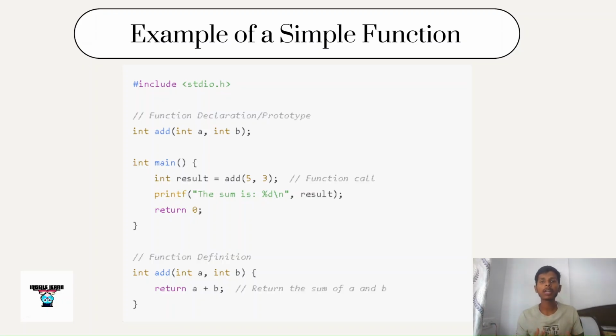Functions are an important topic in C programming, as this topic is repeated again in C++, Java and Python. So it's very necessary to get this right first in C programming itself, so that it won't be hard in C++, Java and Python.